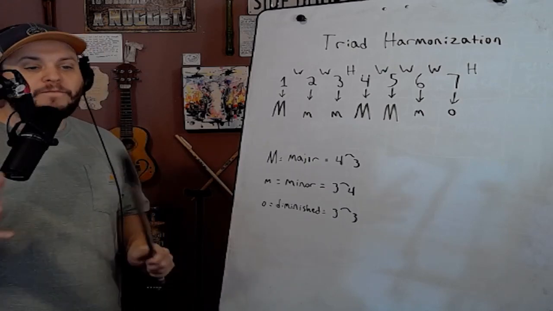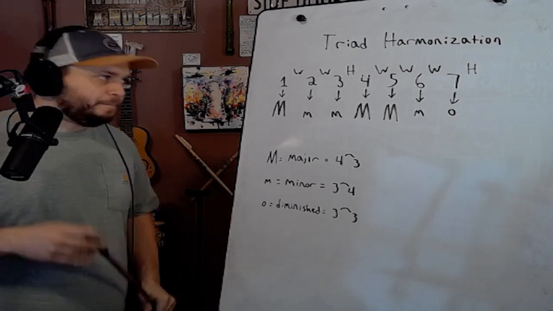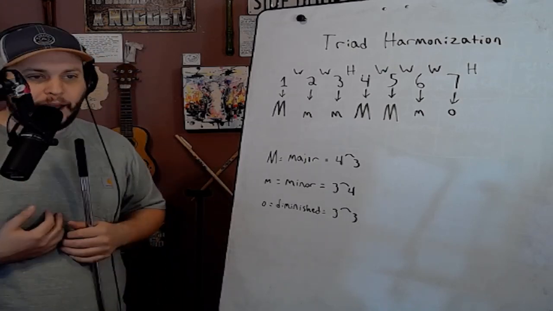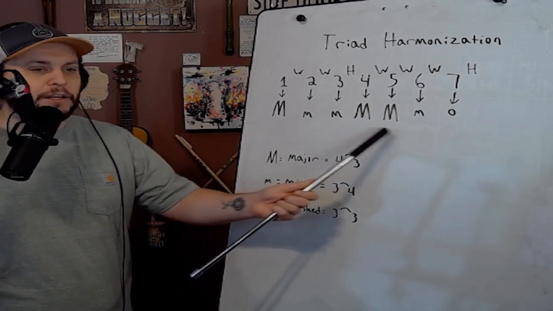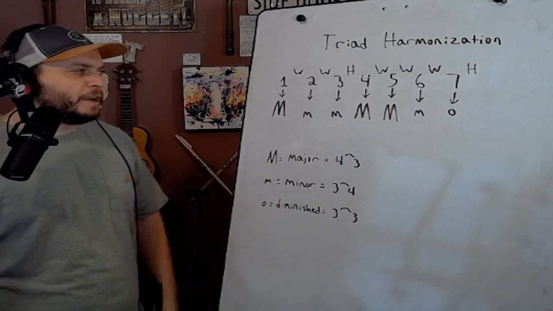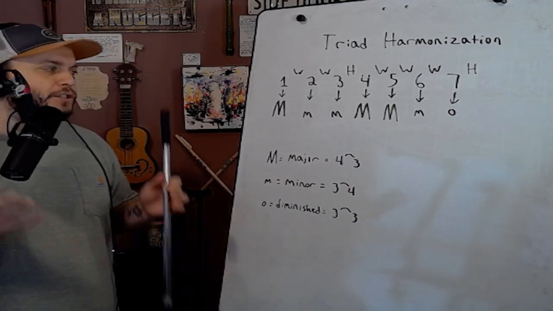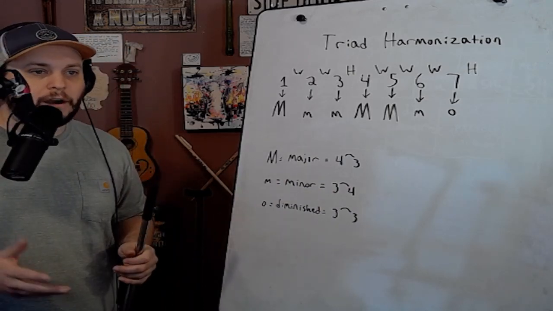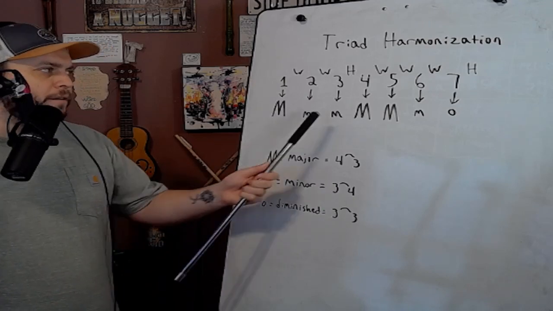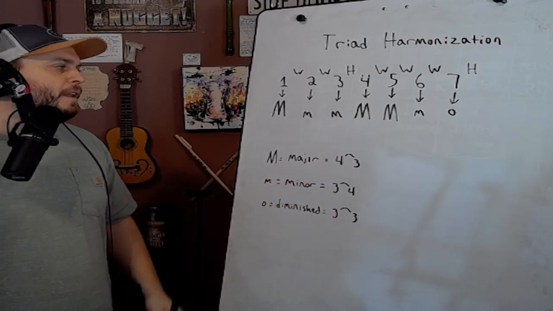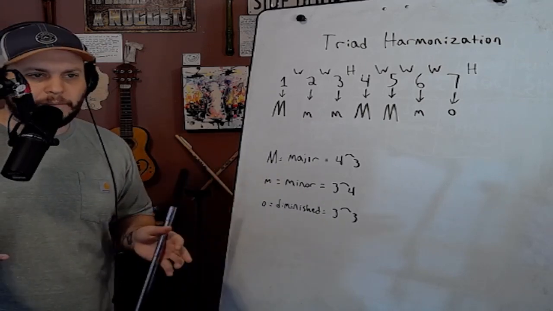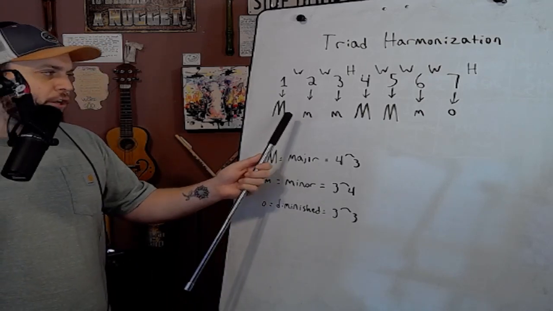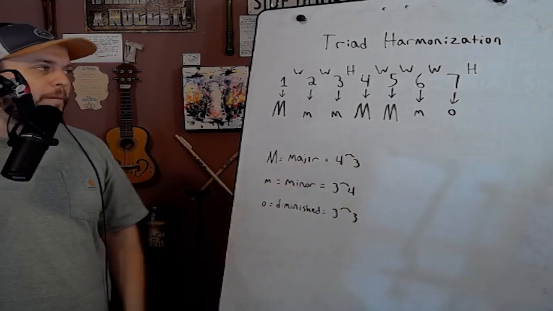Now, one final tip that I'll give you before we close out here. The way that I recommend memorizing these is not necessarily going in order. First, you should memorize what the major chords are: 1, 4, and 5. Once that's in your brain, you can memorize that 2, 3, and 6 are minor.